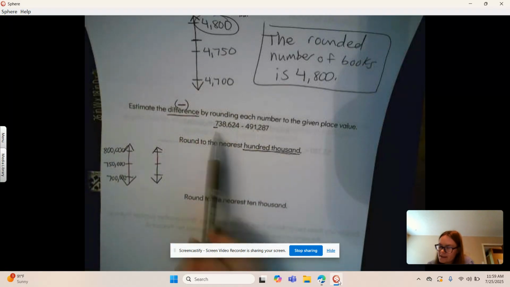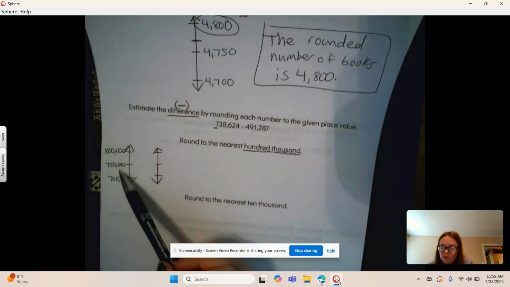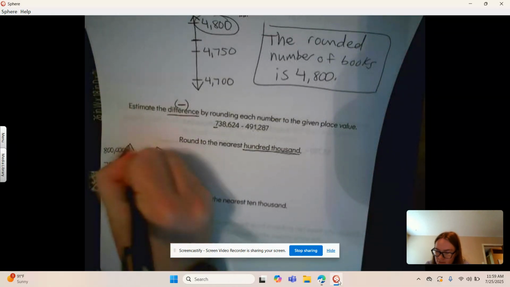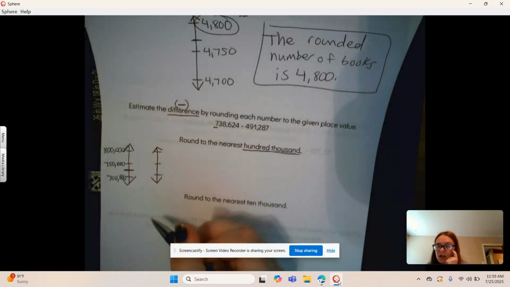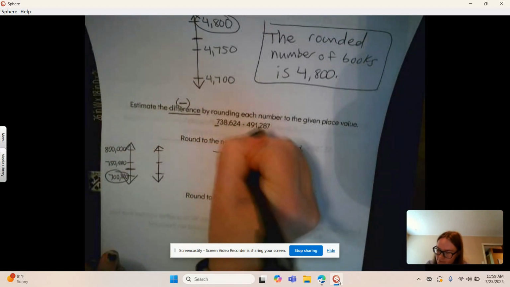Okay, for 738,624, would that be above or below 750,000? It would be below. So which number is our line closest to, 700,000 or 800,000? 700,000, good. Let's go ahead and write this right here.